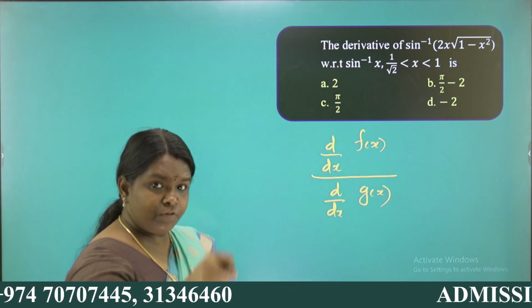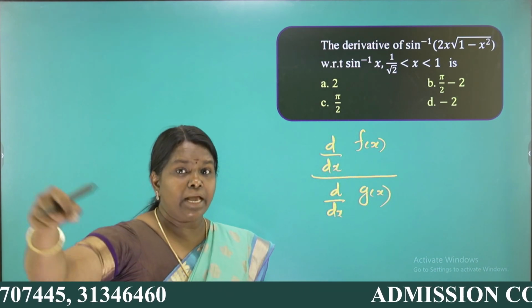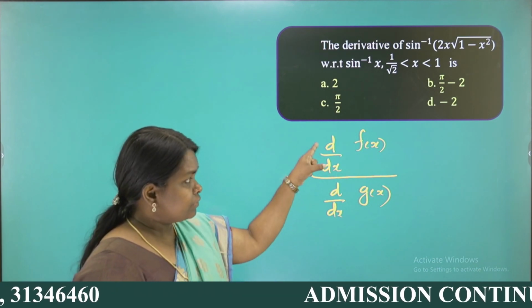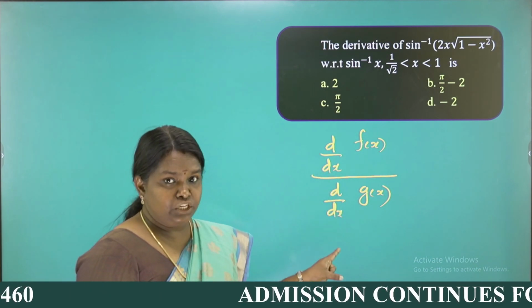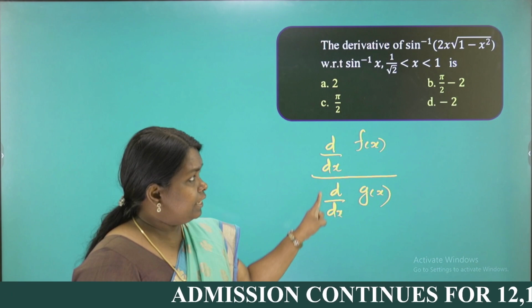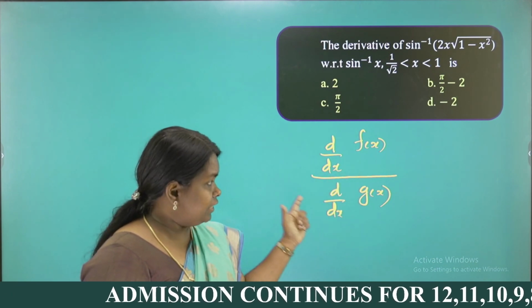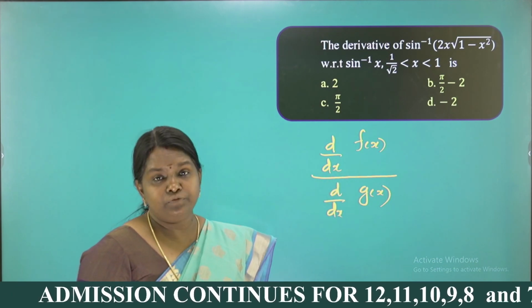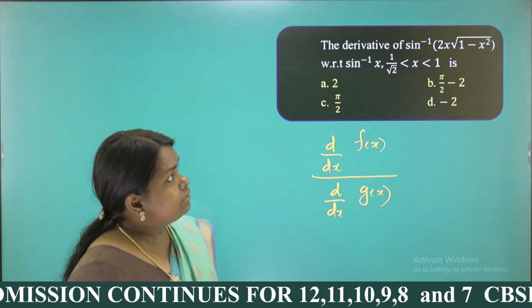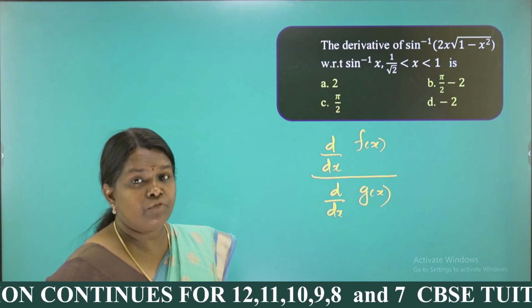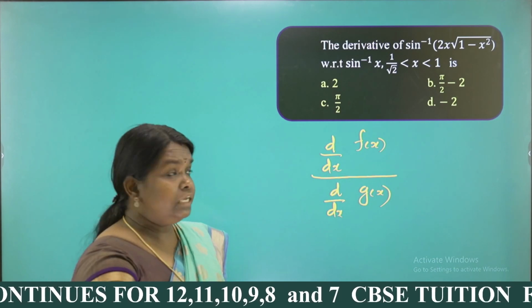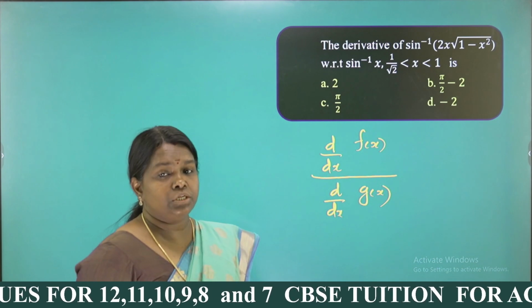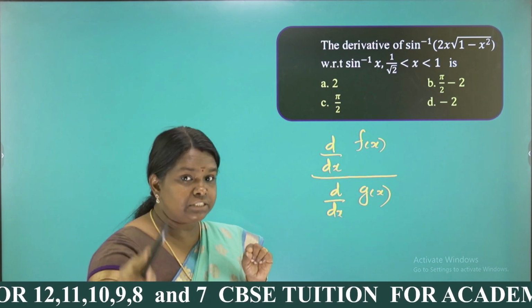Derivative of a function with respect to another function is another version of the chain rule: d by dx of f of x divided by d by dx of g of x. Sine inverse of 2x into root of 1 minus x square is an inverse trigonometric function, so you should have a substitution.